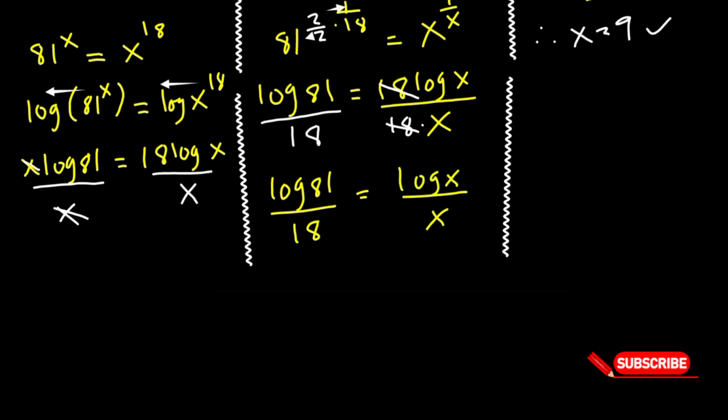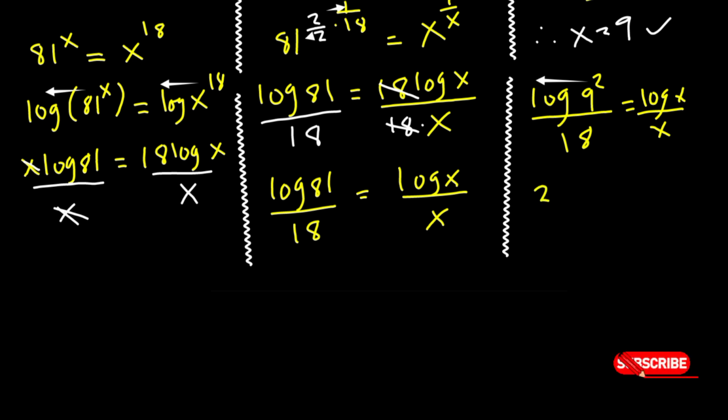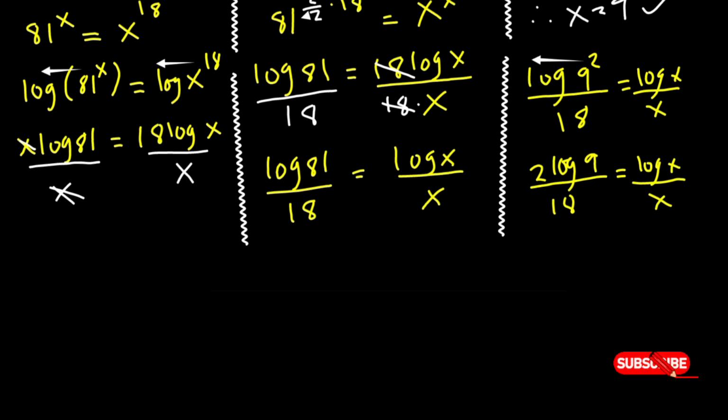And now moving further, we can say log 81 is the same thing as log 9 squared, all over 18, and this equals log x all over x. And also don't forget that the 2 comes in front, then we're going to have 2 log 9 all over 18, and that equals log x all over x.